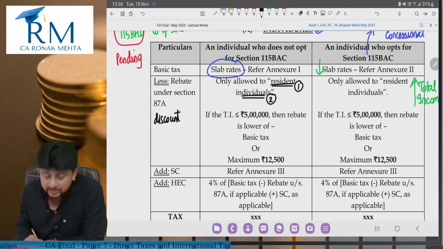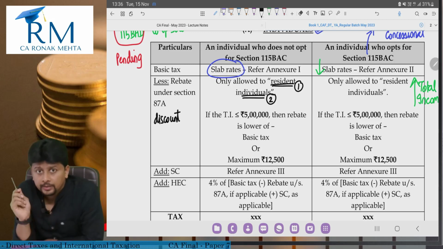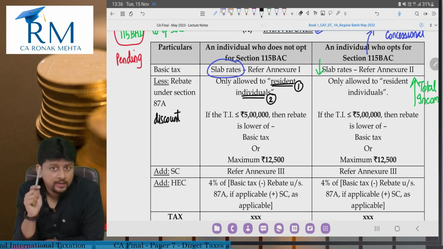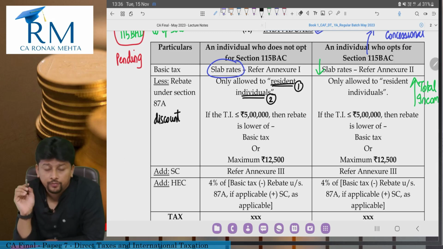Number 2, you must be an individual. If you are a company or a firm, rebate is not available. It is only available if you are an individual, that too a resident individual. If you are a non-resident, rebate does not apply.